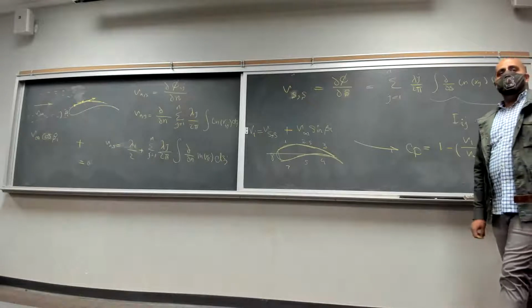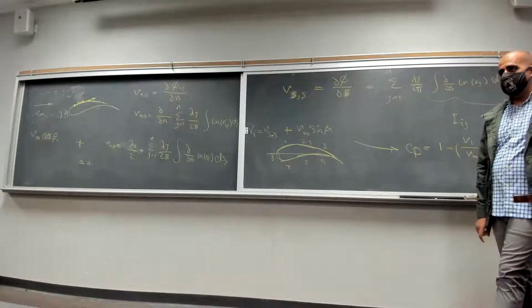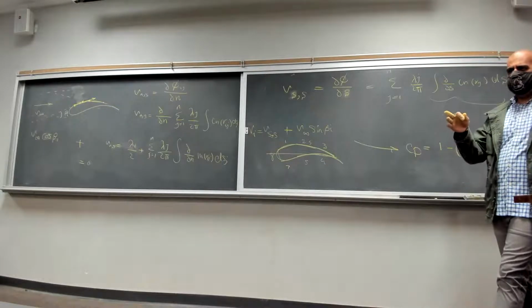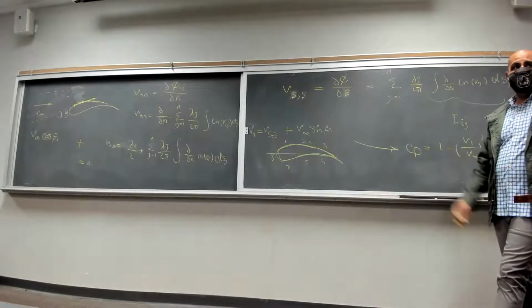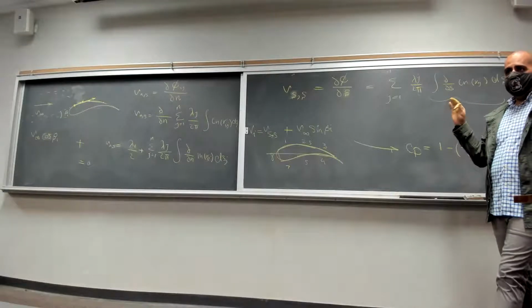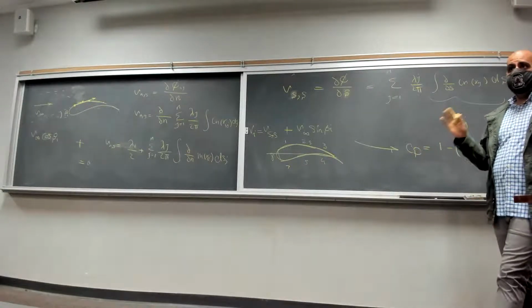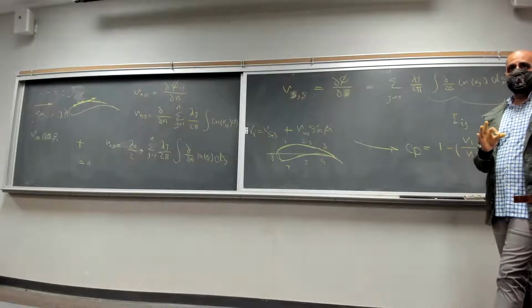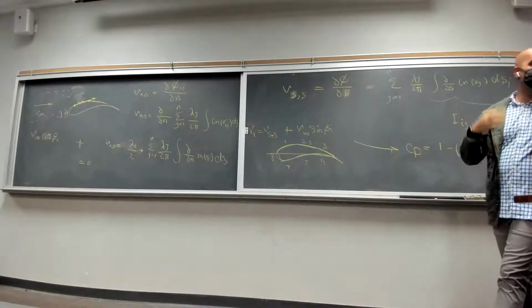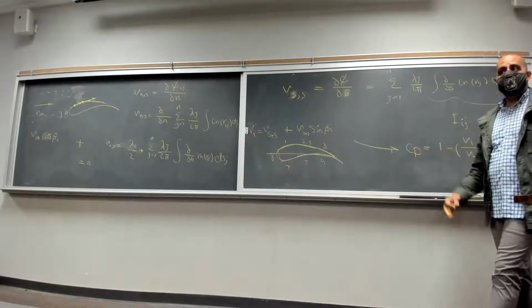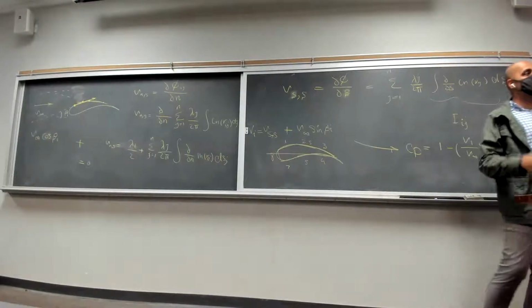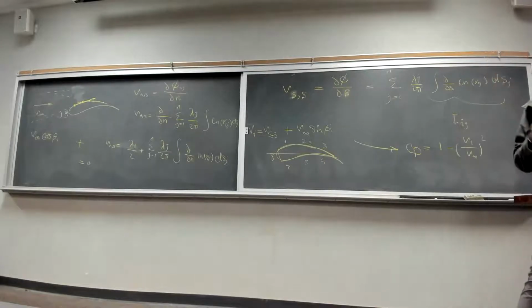Okay, let's solve an example to better understand this problem. Okay. One thing that John brought up was that this method, the source method, is used to analyze non-lifting flows. Okay. So essentially, flow over a cylinder, right? If we want to analyze lifting flows, we have to use a different elementary flow, which is the vortex flow.